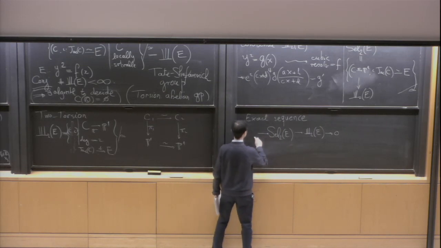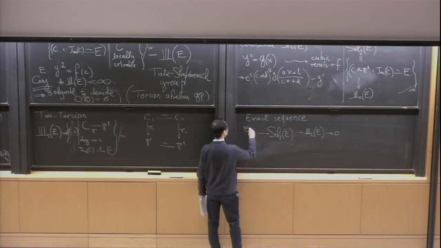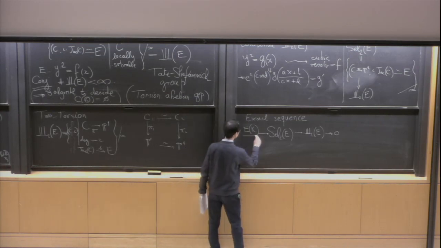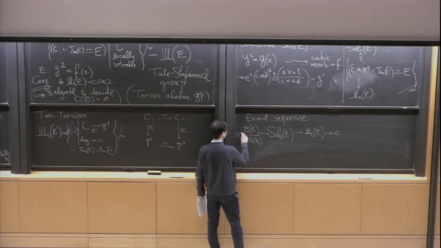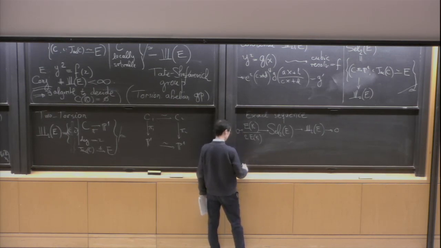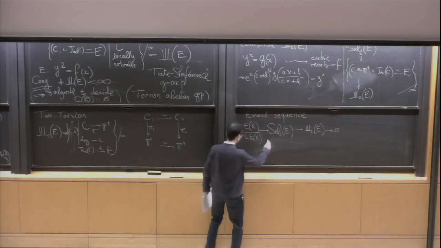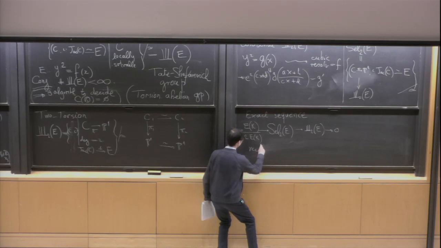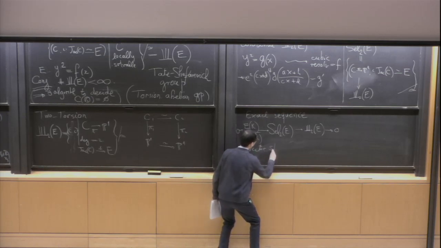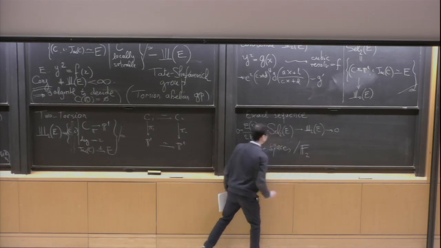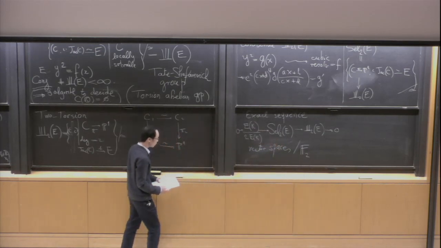The kernel turns out to be, since I was working with the base field K, E of K modulo twice E of K. Those are all abelian groups. Every element is killed by multiplication by 2, so they are all vector spaces over F2, the field of 2 elements. They are all finite dimensional.